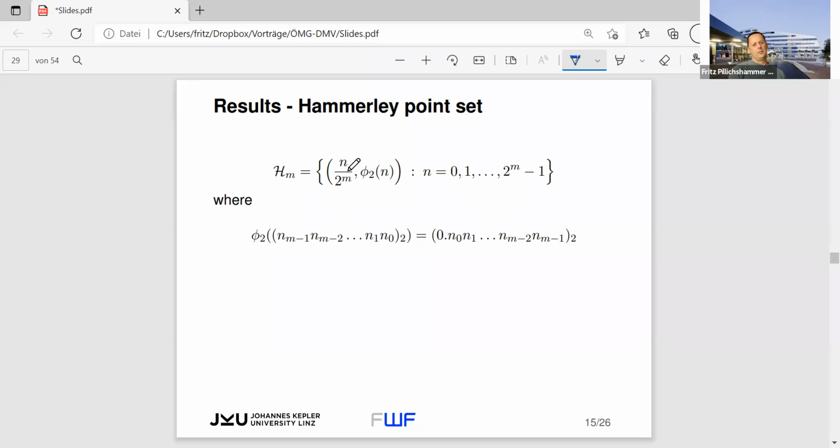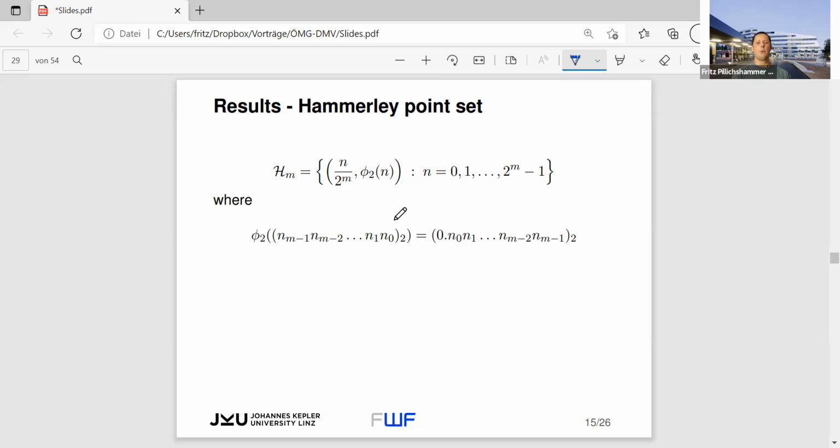The point n is just n over 2^m in the first coordinate, and phi_2(n), the van der Corput digit reversal function in base 2, in the second coordinate. Sometimes this point set is also known as the van der Corput net. So this digit reversal function phi_2 applied to a non-negative integer with binary expansion n_0, n_1 and so on, just reflects this expansion at the comma and gives you a point in the unit interval.